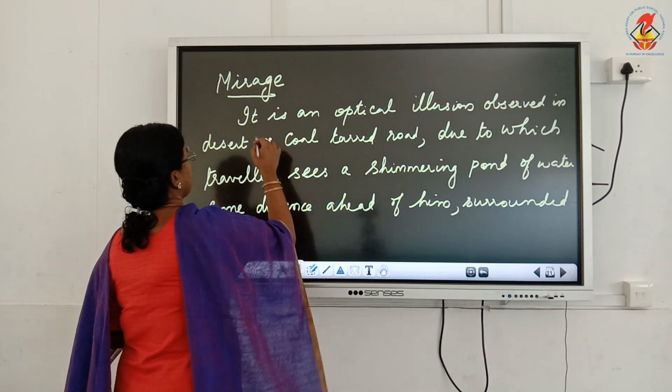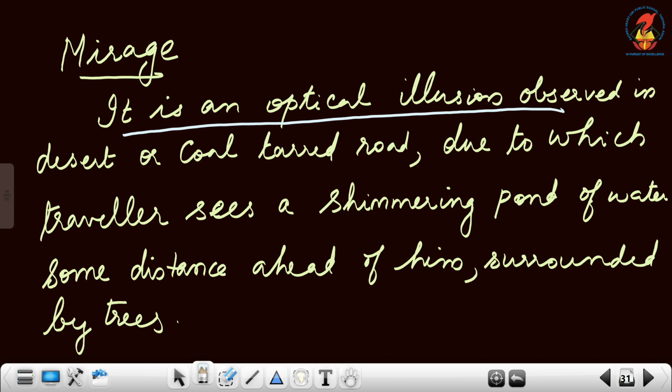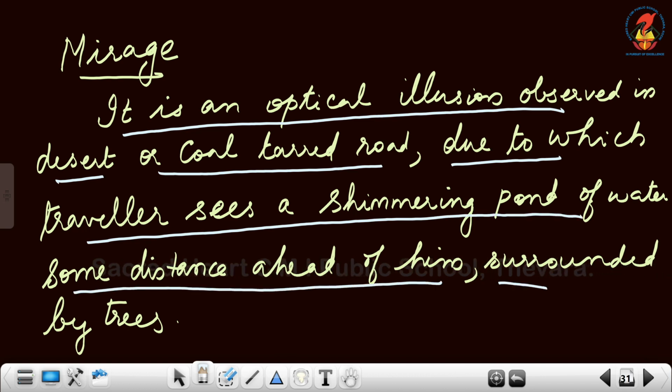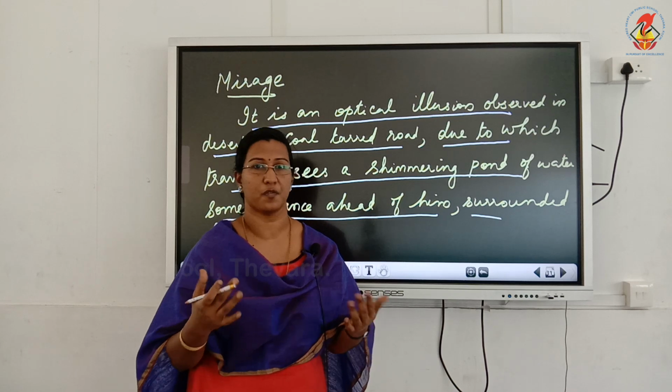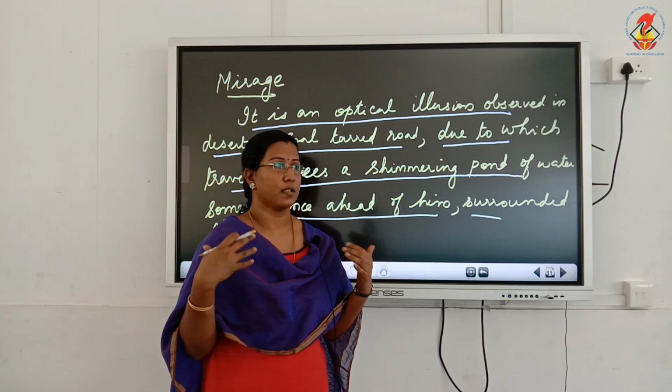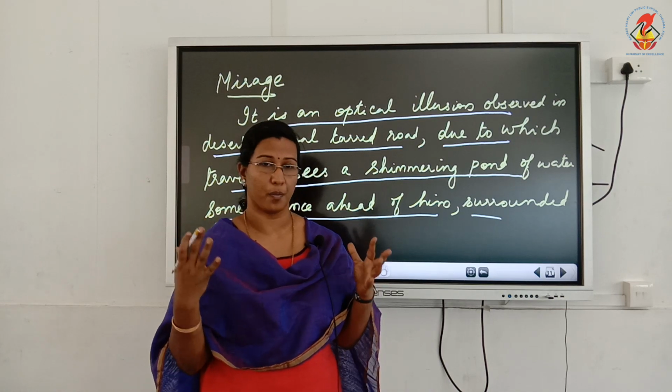Mirage is an optical illusion observed by an observer in a desert or on a coal tar road, a very hot region, due to which the traveler sees a shimmering pond of water some distance ahead of him, surrounded by trees. The person will be seeing a pond of water with trees, and an inverted image of trees with it. And this is just an optical illusion.